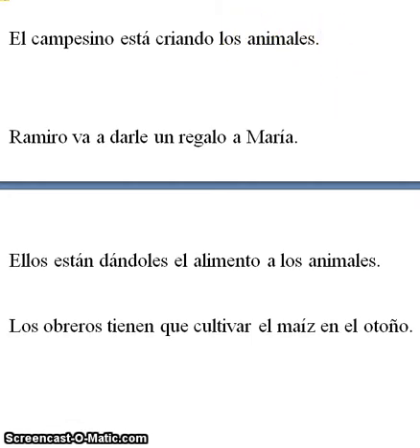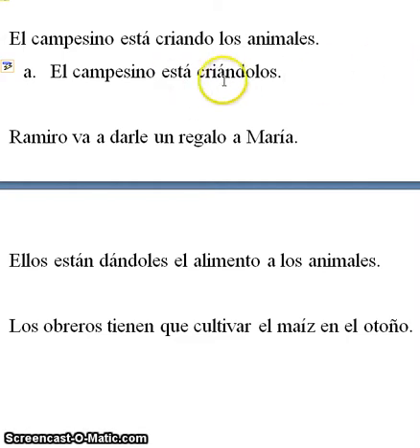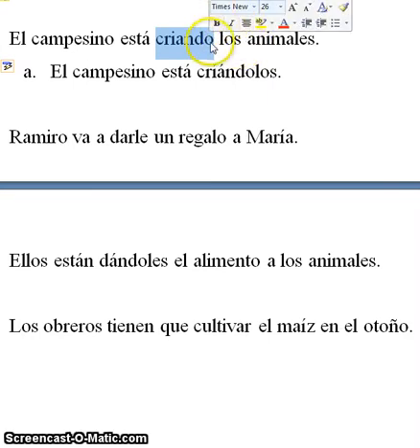So let's rewrite our sentence. Option A. El campesino está criando, and I'm going to attach my pronoun los. El campesino está criándolos. See how I had an infinitive here? I attached my direct object to it.